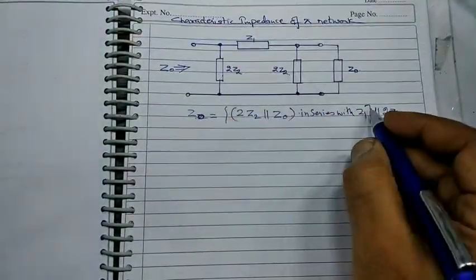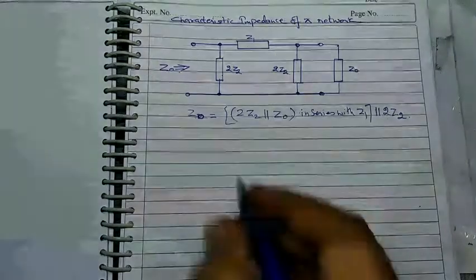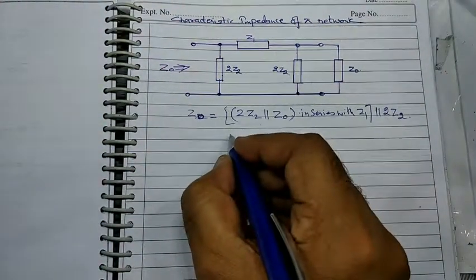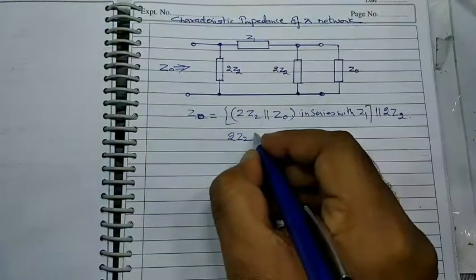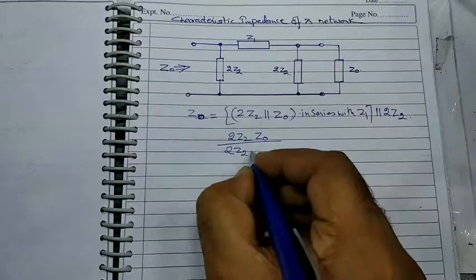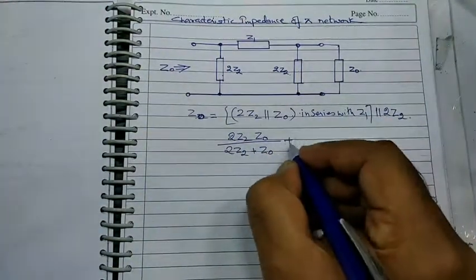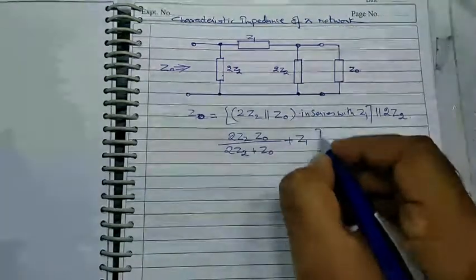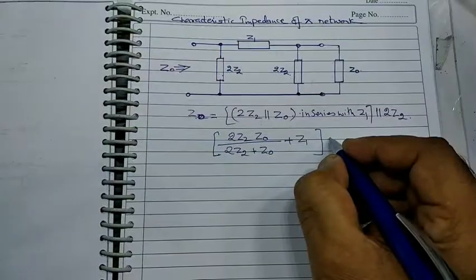Now we will put the values and calculate accordingly. This is 2Z2 multiplied by ZO upon 2Z2 plus ZO, in series with Z1, plus Z1, which is in parallel with 2Z2.